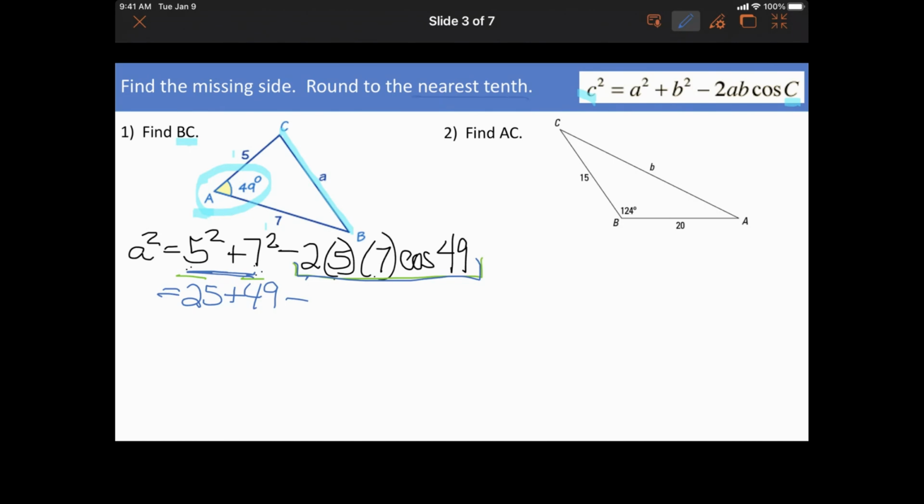You can use the whole thing if you're just using a calculator. You can use all the decimals. But if you're going to round, you want it to be at least one more decimal place than what you want at the end. So this is a tenth, that's 1 decimal place, so you're going to want this at least 2, or you can do 3 or 4, it just becomes more accurate. Then we're going to add, and then subtract.